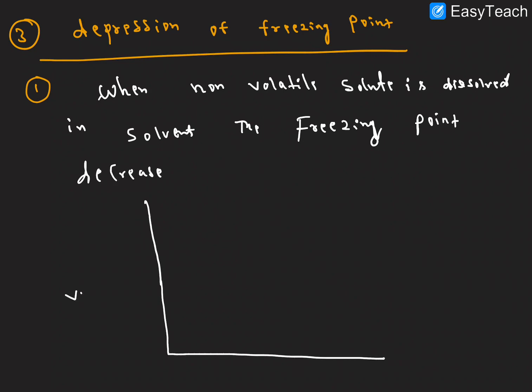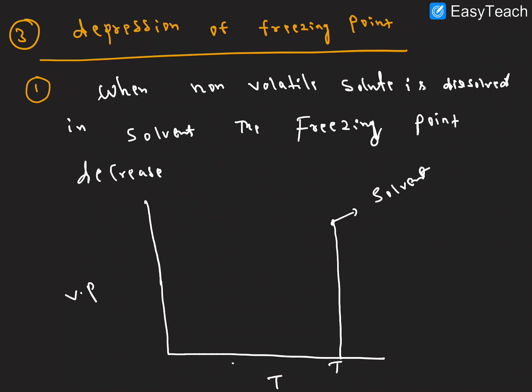Let me explain through a graph, so we can understand very clearly. This is the vapor pressure, this is temperature. This is the solvent freezing point. At this point the solvent is freezing.